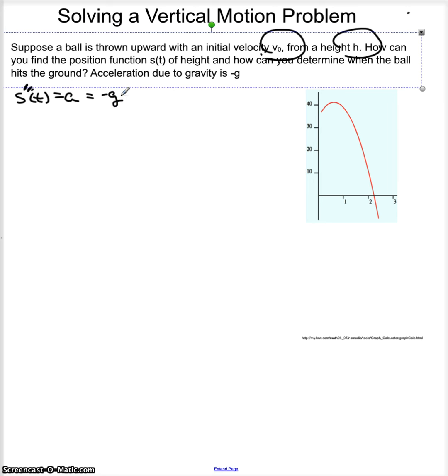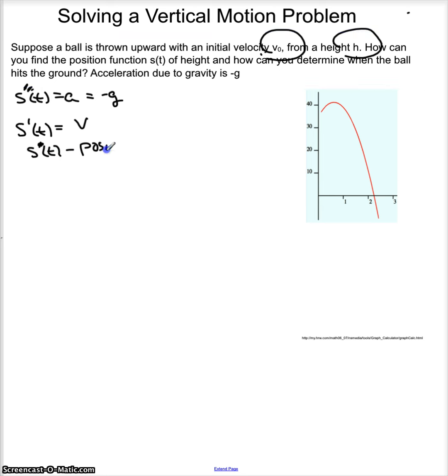So let's do that. Let's integrate to get my velocity function. And let me go on and, not s prime, just s of t, is position. Now you remember, if s of t is position, s prime is velocity, and s double prime is acceleration.